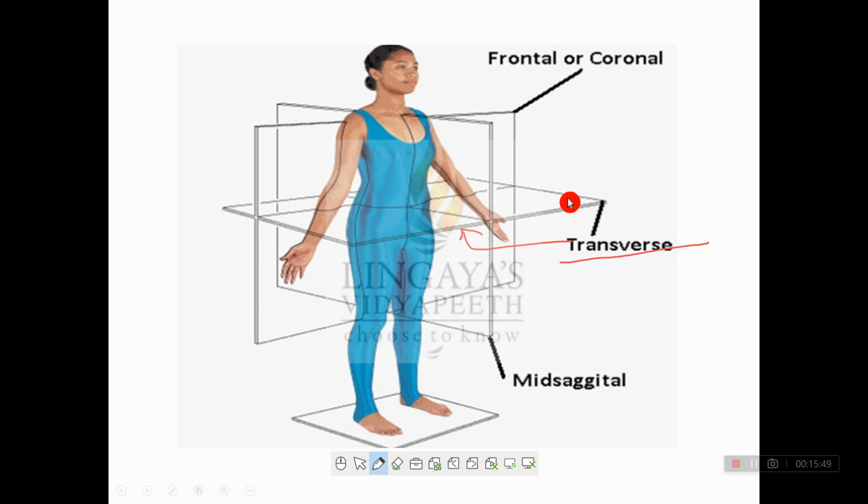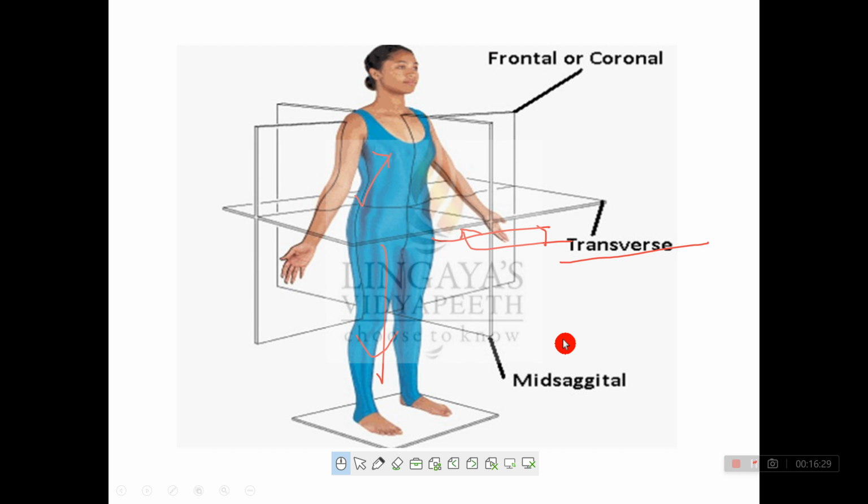When a thing cuts down the body, the organ, into two equal upper and lower halves, it is called the transverse plane, right? Now the frontal or coronal plane, when the body is divided into equal front and back halves, it is called the coronal or frontal plane.